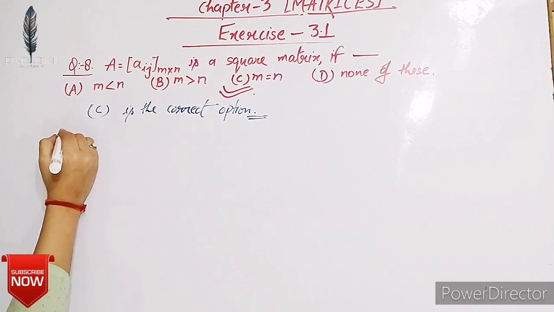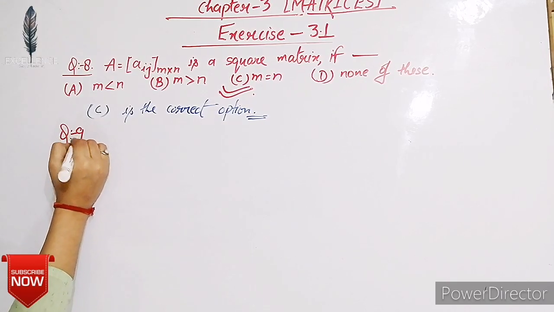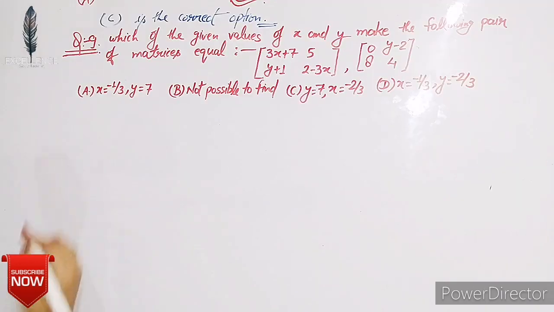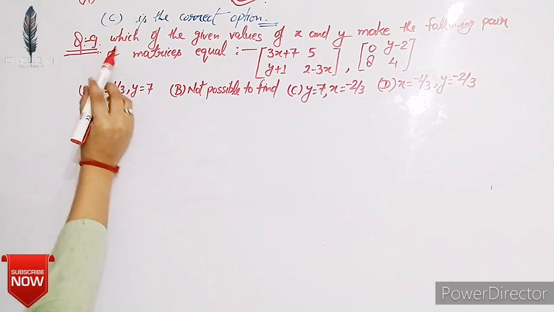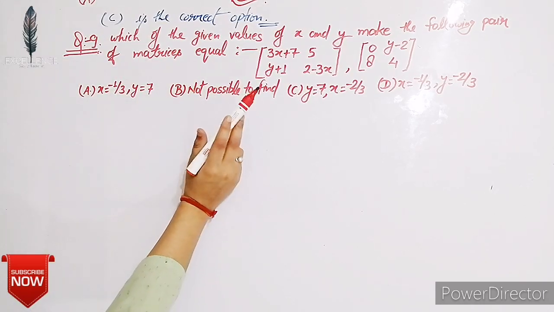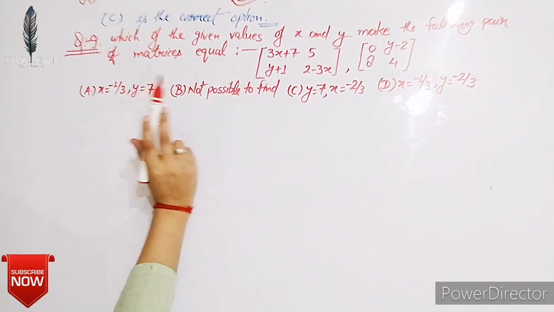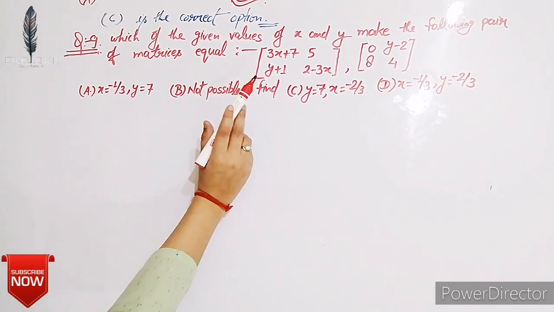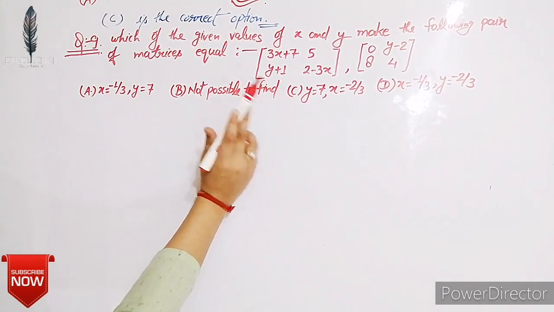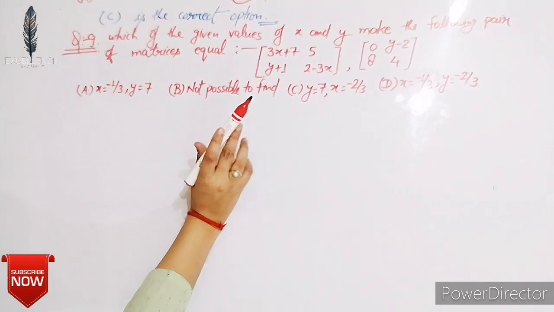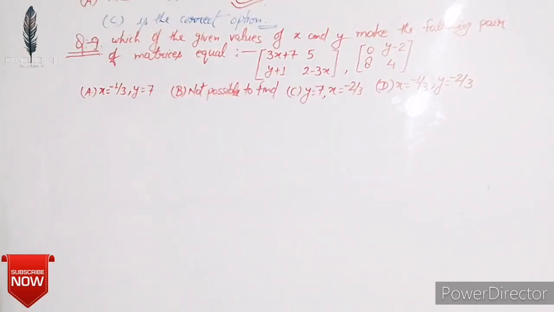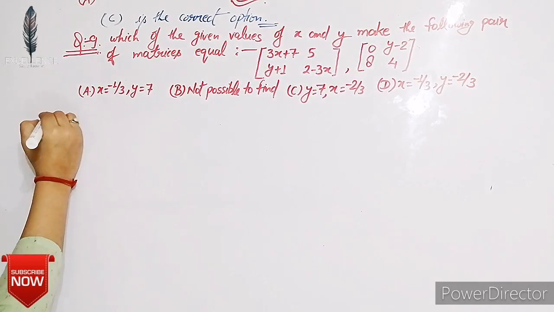Okay. Let's see question number 9. Question number 9. Which of the given values of x and y make the following pair of matrices equal? x, y की किस values के लिए these pairs equal होंगे? Simple. Two matrices are equal if their corresponding elements are equal. Okay.